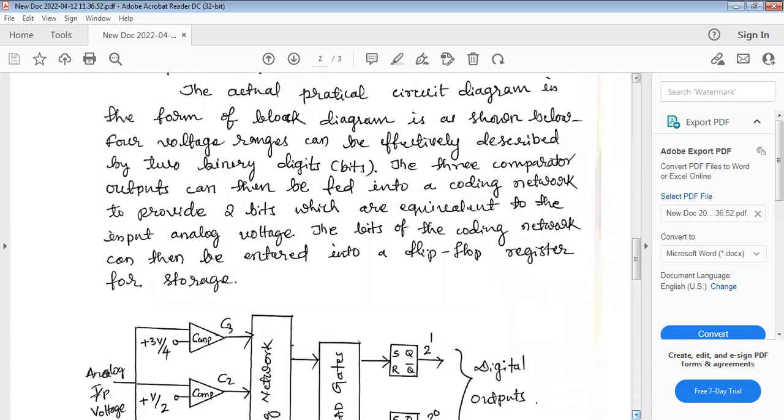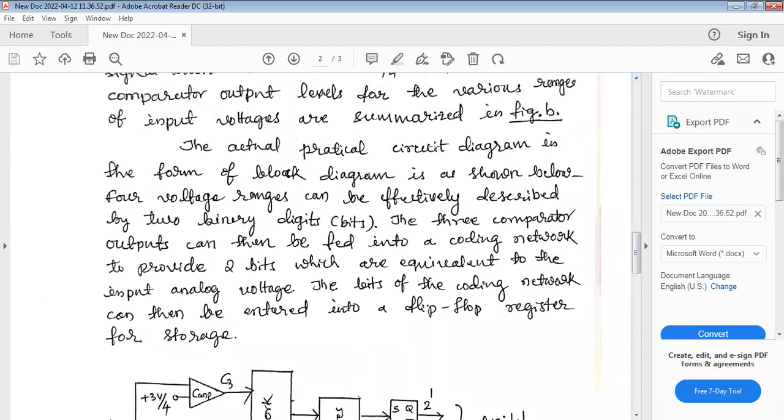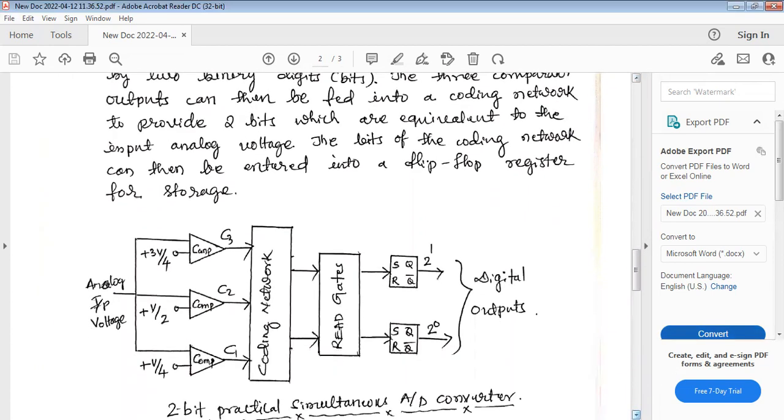And the actual practical circuit diagram in the form of a block diagram is shown below. So this is the complete block diagram of this 2-bit practical simultaneous analog to digital converter.